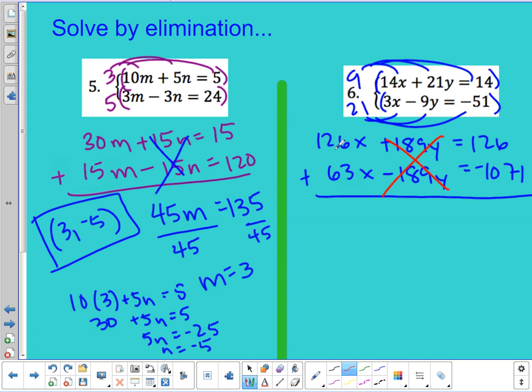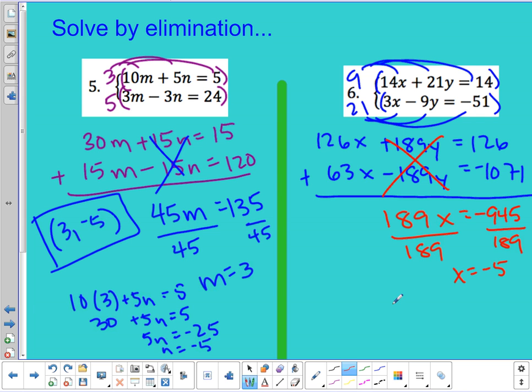Then add them up. 126 and 63 is 189. So I have 189x, and then 126 minus 1,071 is negative 945. Divide by 189, and I get x is equal to negative 5.